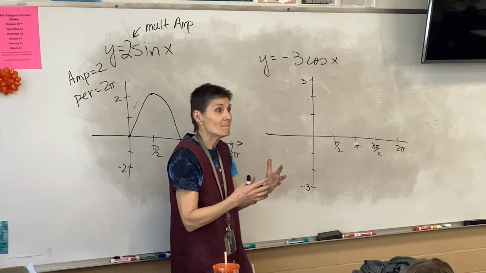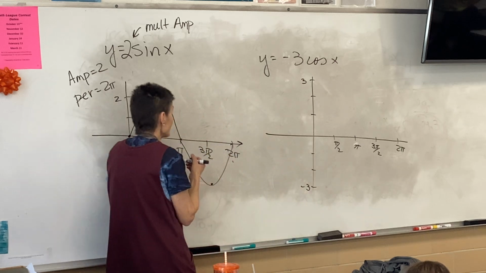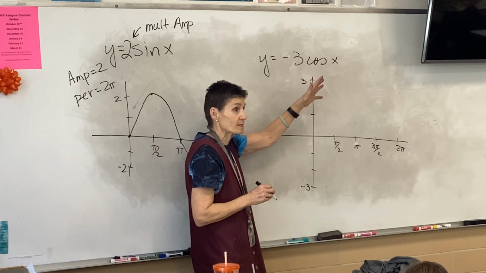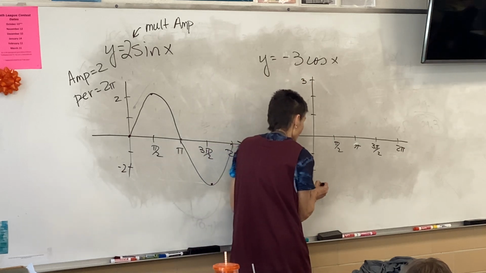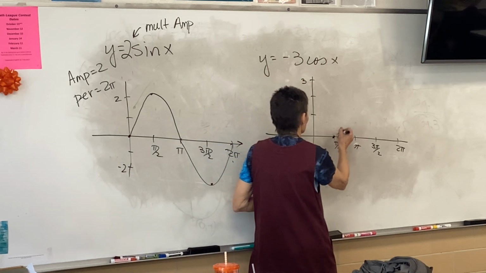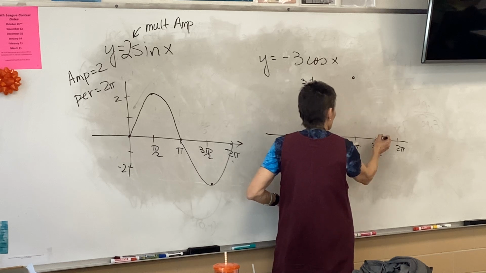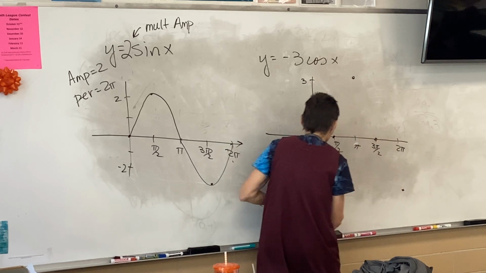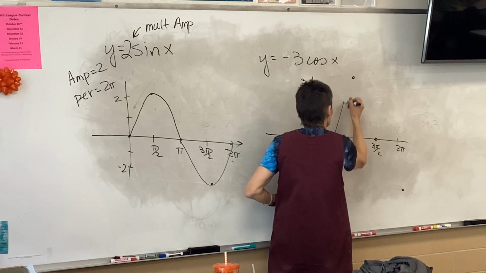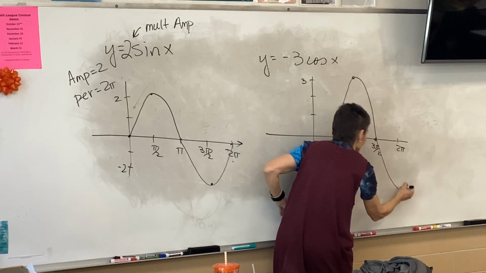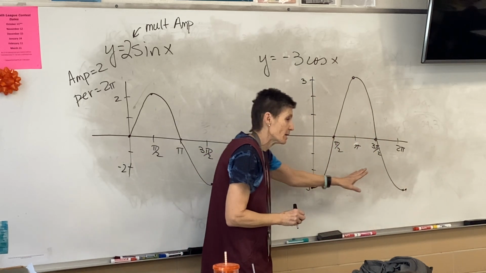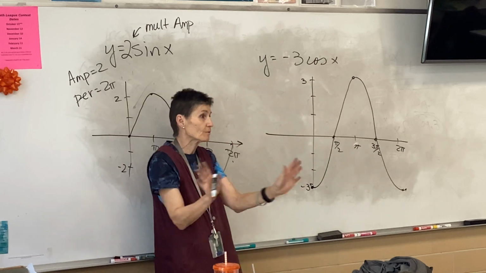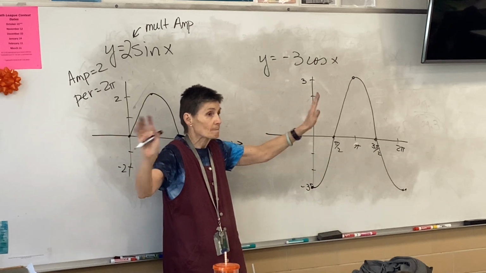So what does that mean? Where would a cosine normally start? Wouldn't it start here? But now it's starting down. So you're going to have an upside down cosine curve. Try to remember to put arrows on each end because truly the curve does keep going.